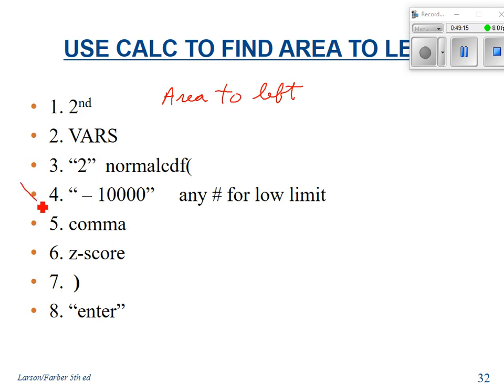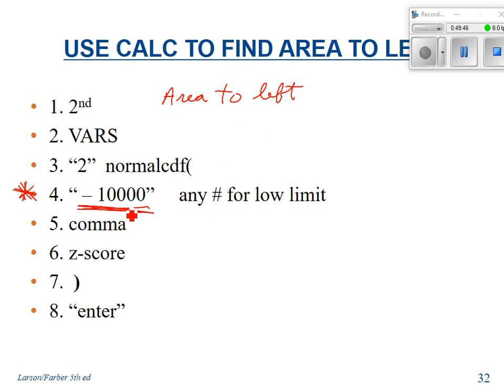When you get to number 4 here, I said punch in negative 10,000. It doesn't matter. You're just looking for some number that's way down to the left, way past anything that we could actually ever want to deal with. So this lower limit here, if you know you're dealing with just regular z-scores, you really don't have to punch in negative 10,000.